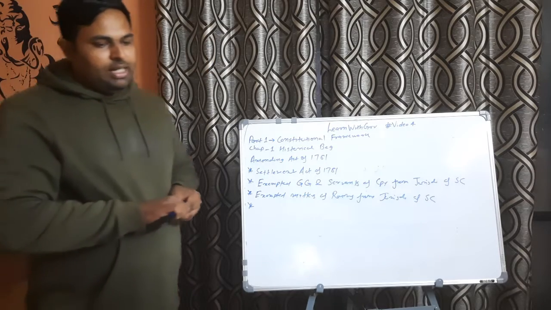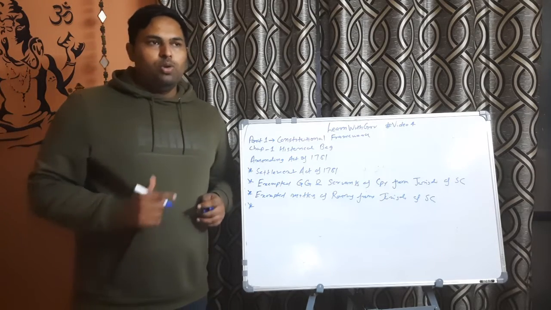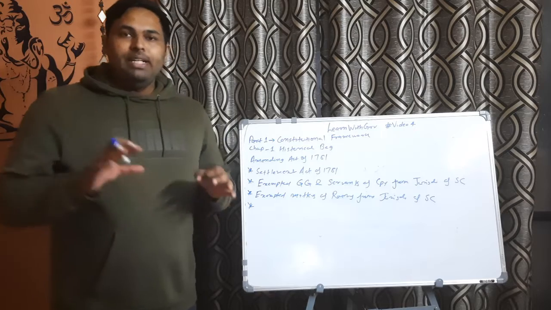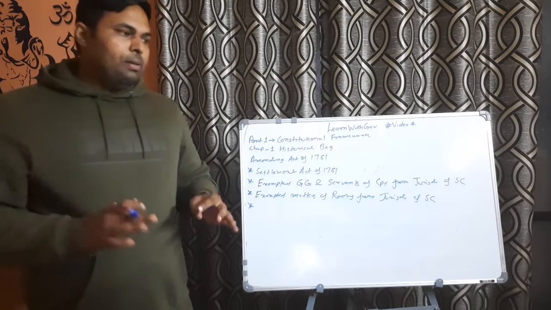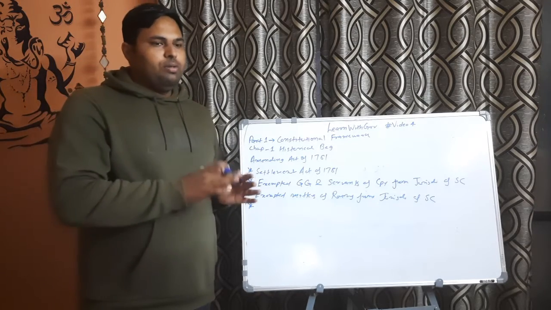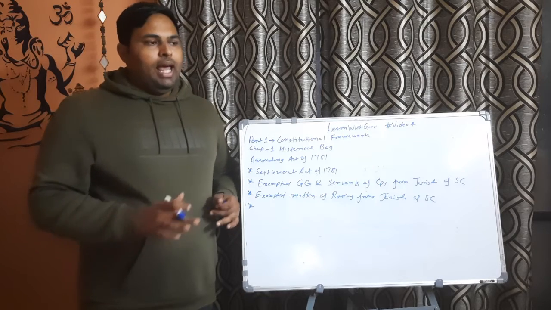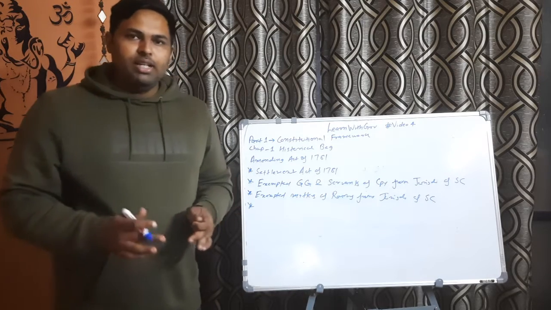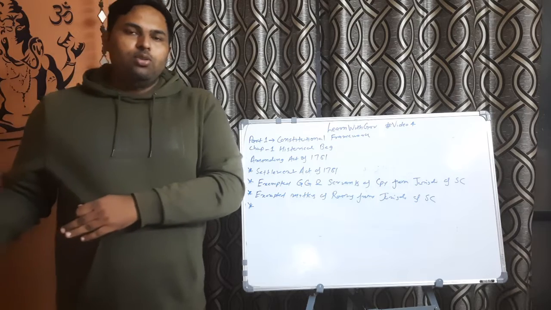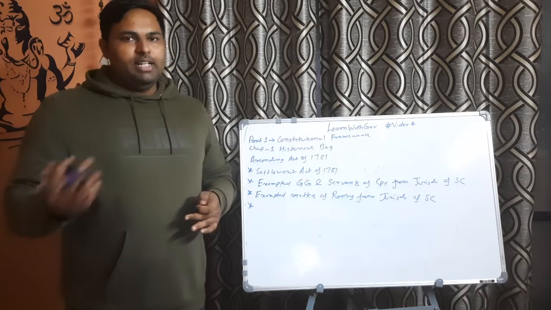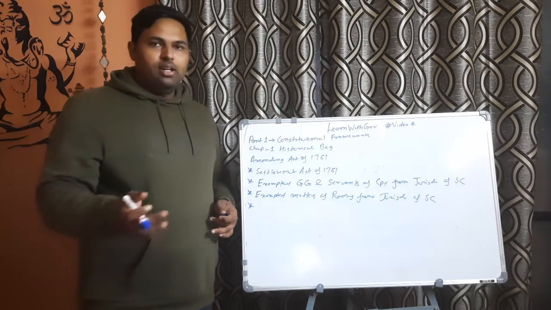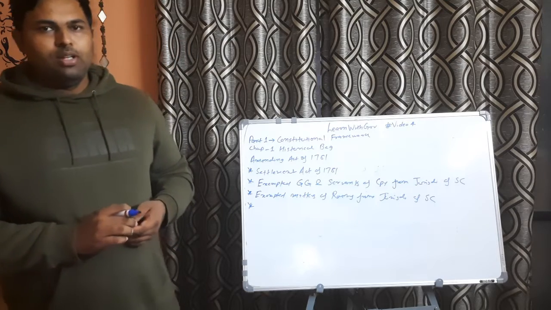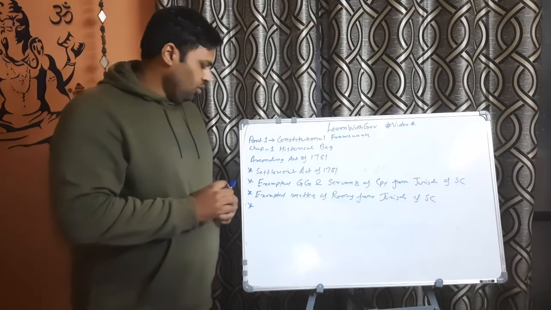Another feature was that it provided the Supreme Court jurisdiction over the inhabitants of Calcutta. All the people living in Calcutta came under the Supreme Court's jurisdiction, and if a person is Hindu, he would be tried according to the Hindu law, and if he is a Muslim, he would be tried according to the Muslim law.